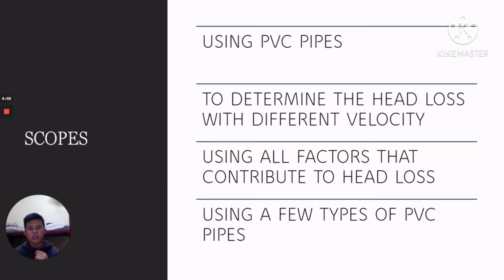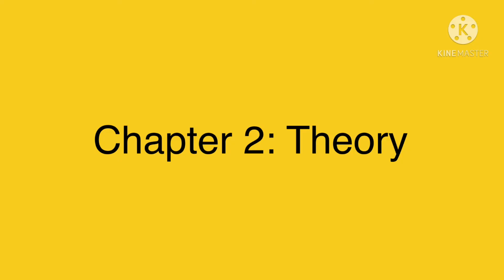And we are also using all factors that contribute to head loss, using the 90-degree bend PVC pipe, the straight line PVC pipe, and also a few other types of PVC pipe.